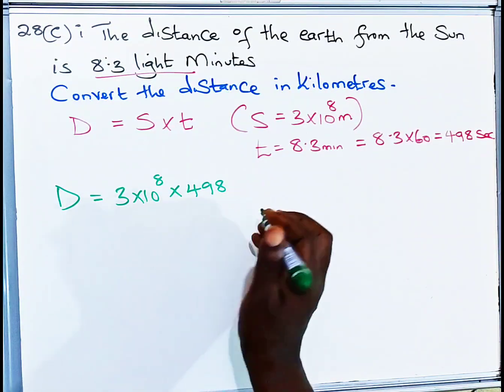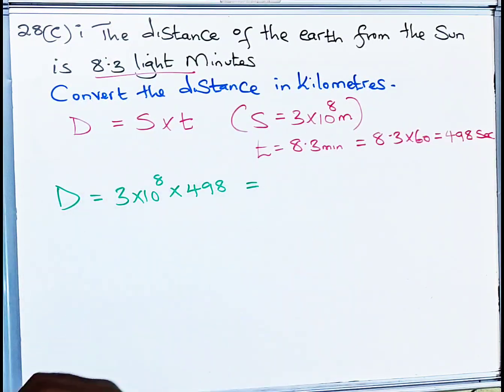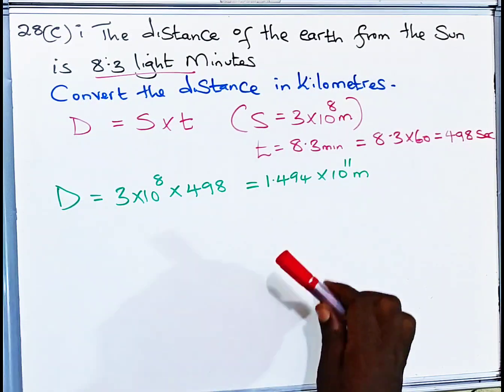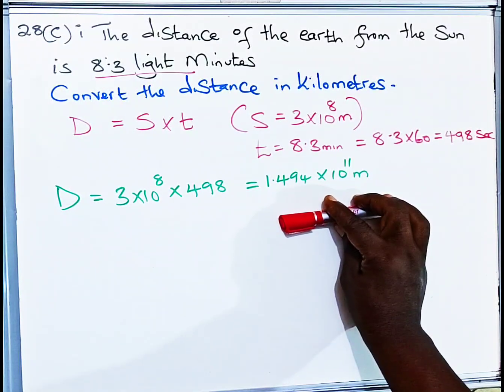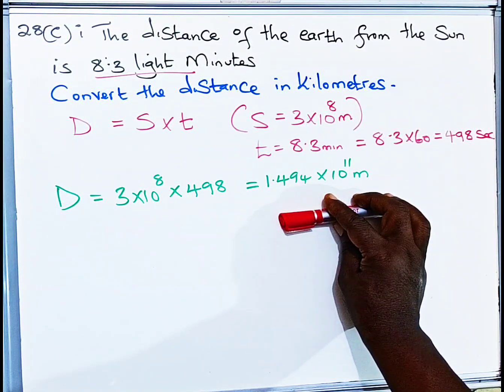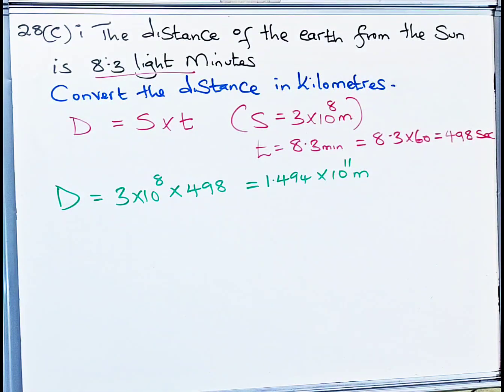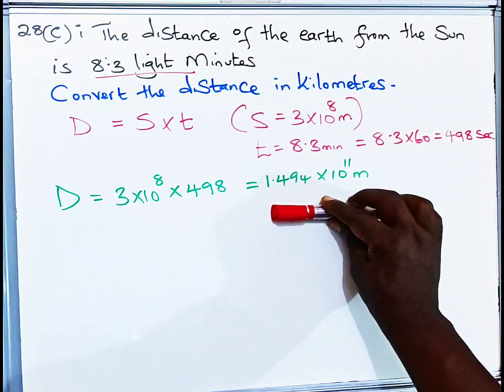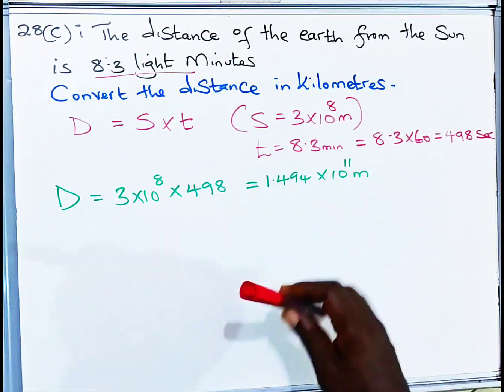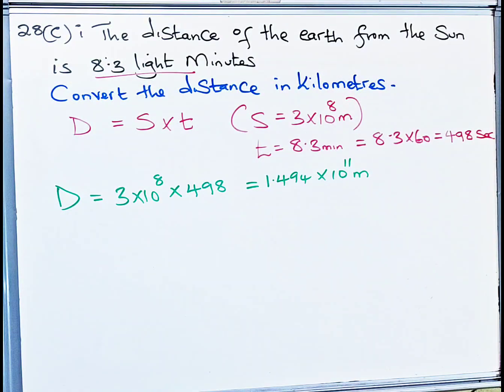But this distance is going to be in meters. So this is what you get, the distance in meters. But the question wants us to calculate the distance in kilometers. So how do we convert meters to kilometers? We divide by 1,000.